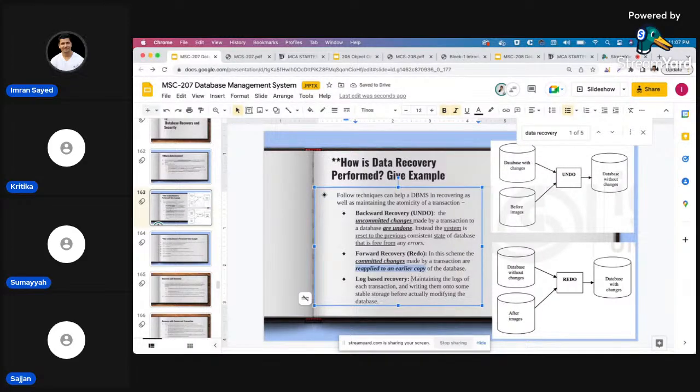Here, maintaining logs of each transaction, writing them onto stable storage before modifying. Harder to remember, but we'll try to make sense out of it.